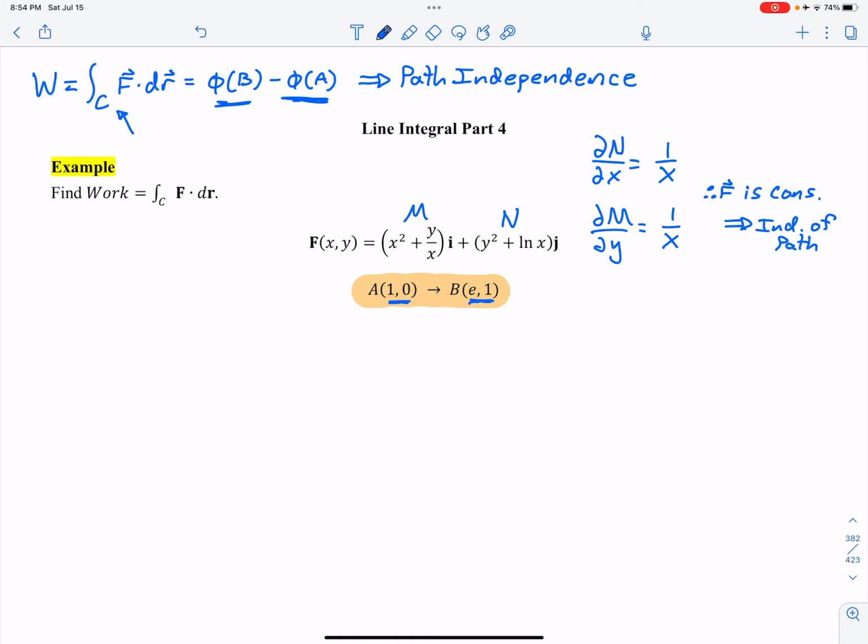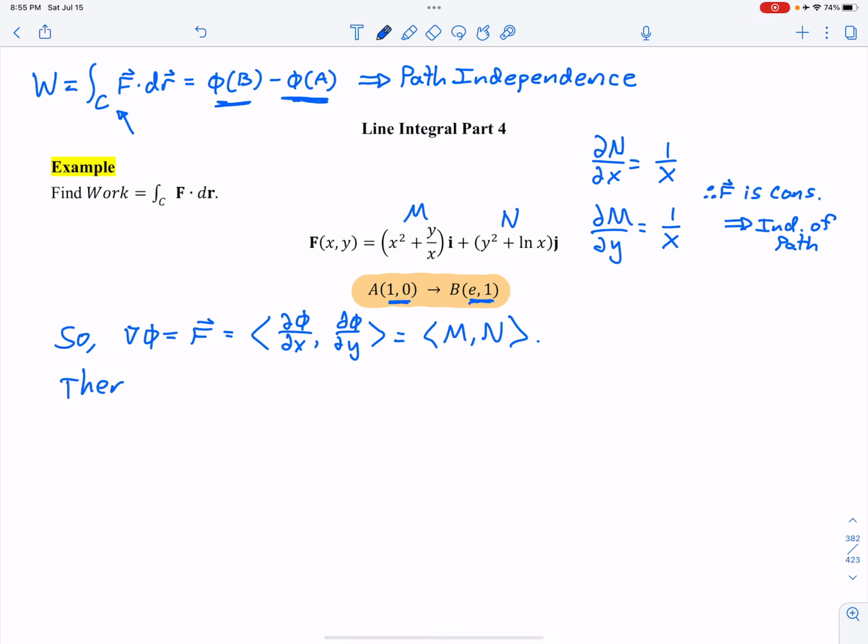But we want to think about that, because there are going to be some problems where, if you can catch it, you save yourself a little bit of work. Okay, if that's the case, then there exists a phi that gives me my F. We can redefine F as the partial of phi with respect to x, the partial of phi with respect to y, and that is my vector M, N. We can use this to find phi.